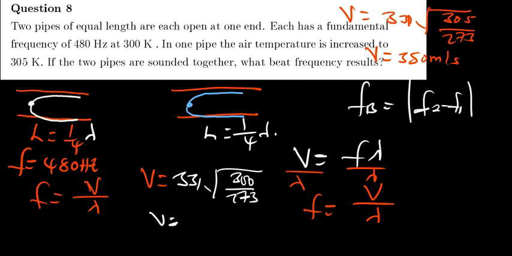Then this times 331 gives 347 meters per second. So I have the frequency and I want to find the lambda. The lambda will be equal to V divided by frequency.